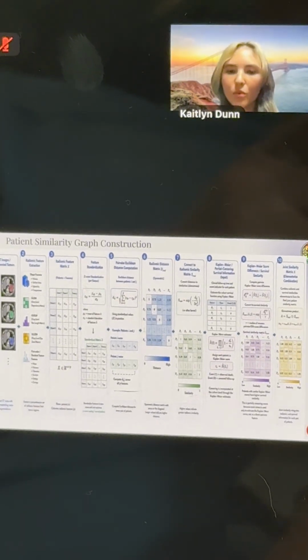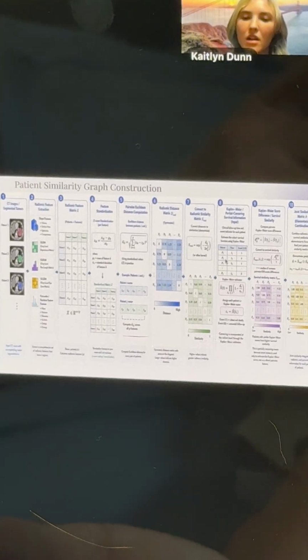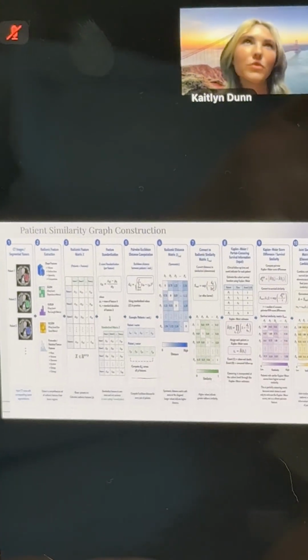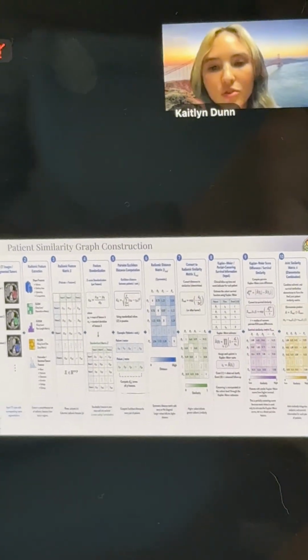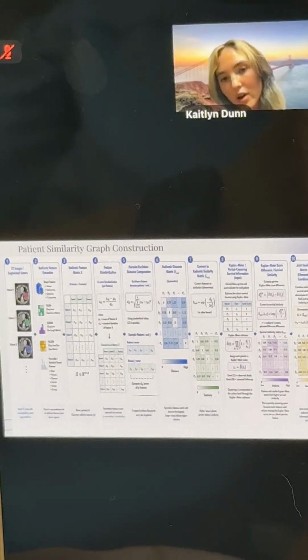Then we use a survival aspect. And this survival aspect is another joint probability distribution that groups the patients based off of their risk categories.